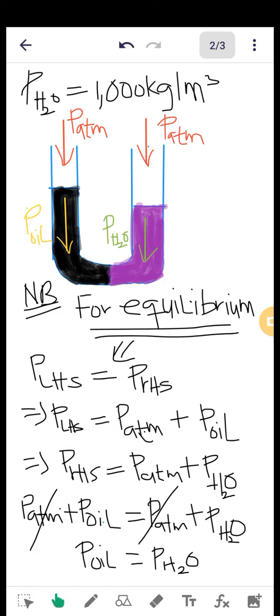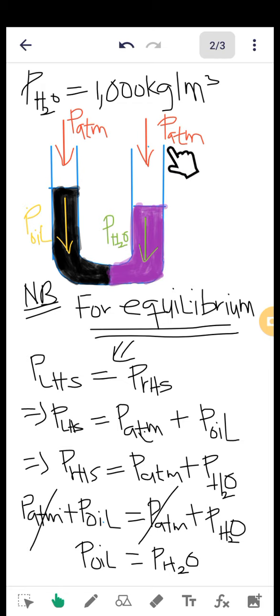So to write the equation for the left-hand side, this left tube, you get the atmospheric pressure plus the pressure of the oil. After that, we also consider the right-hand side of the tube.